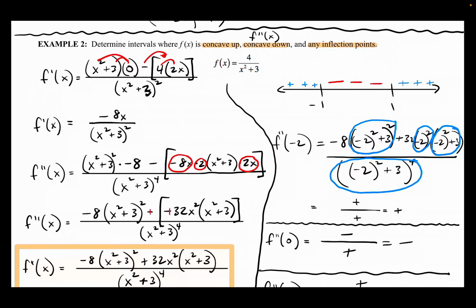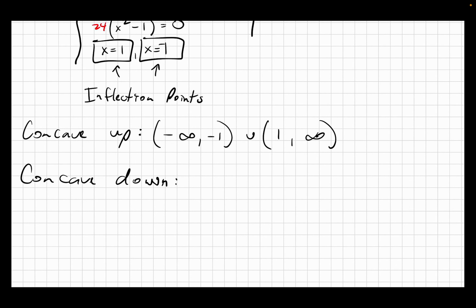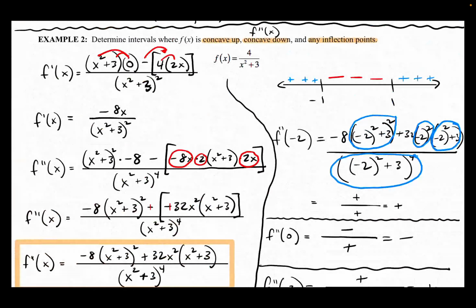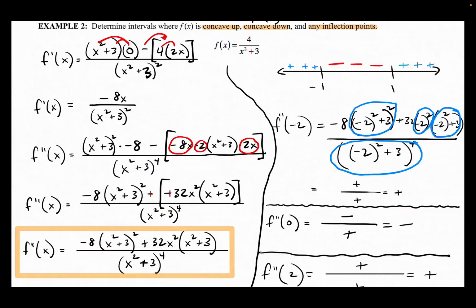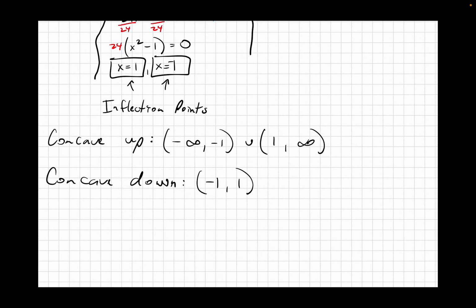Concave up is negative infinity to negative 1, and then 1 to positive infinity. Concave down is in between negative 1 and positive 1. And then inflection points at x equals 1 and x equals negative 1.